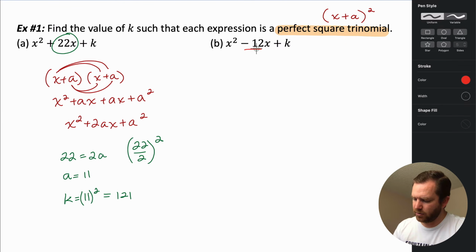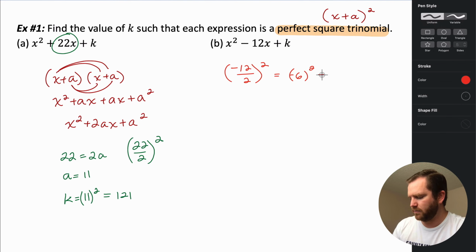You take a look at your middle coefficient, your value of b, remember, this is b in standard form. That's negative 12. We divide that by 2, and then square that value to get k. So that's negative 6 squared, which is 36. In this situation, k is equal to 36, and that would give us a perfect square trinomial.